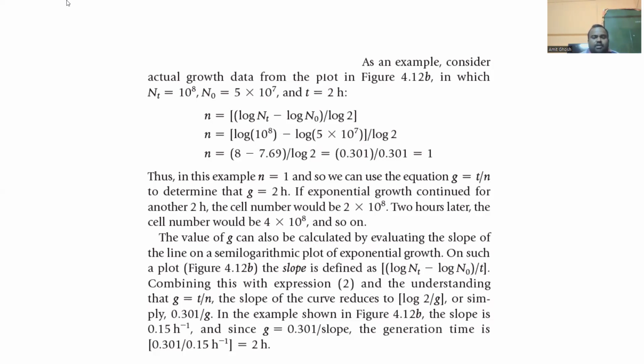Thus, in this example, n is equal to 1, so we can use the equation G is equal to t by n to determine G, and G will be 2 hours. If exponential growth continued for another 2 hours, the cell number would be 2 into 10 to the power 8.